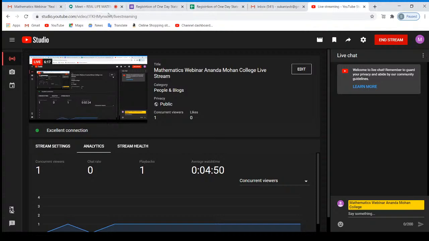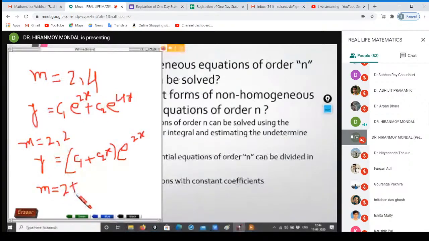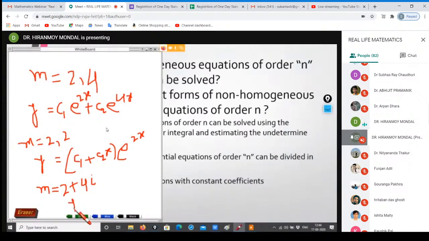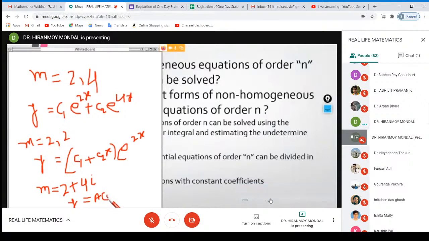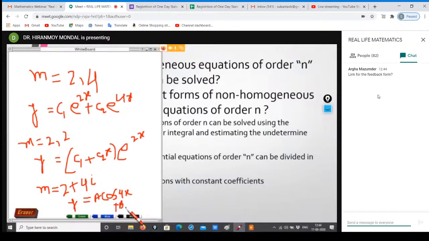Because when it is a real or different root, or the same root, and when the m values are imaginary roots, for example 2 plus or minus 4i, how do we find the solution for this imaginary root? The complementary function is written as (a cos 4x plus b sin 4x) into e to the power 2x.